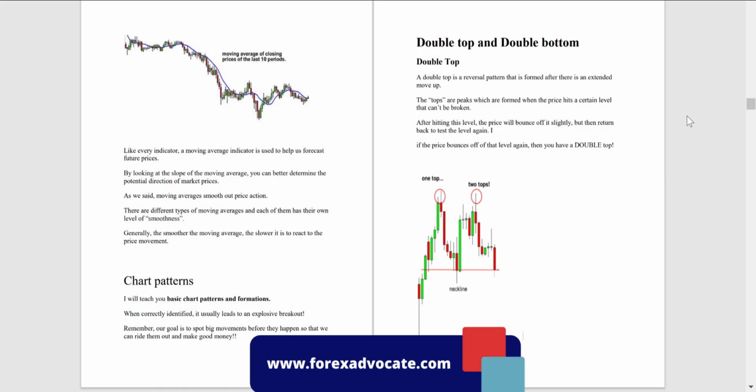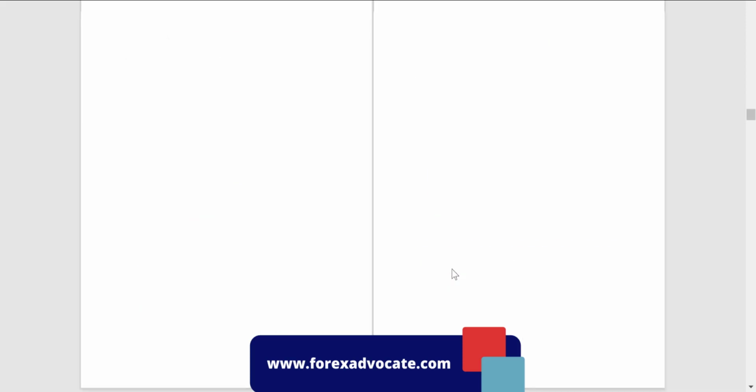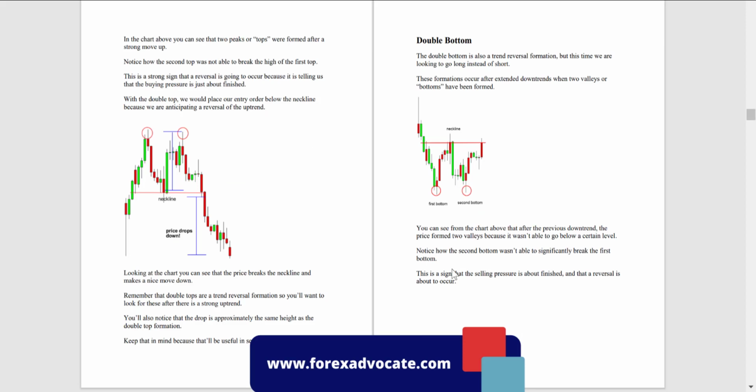You can see from here, this one is double top, a top here, and this thing will be calculated. You will see the top here, so we calculate the distance from here to here.